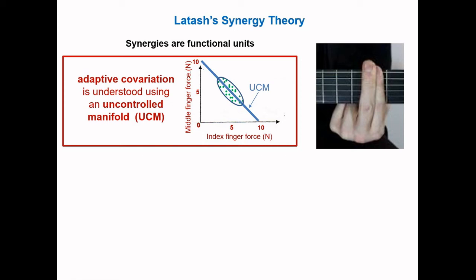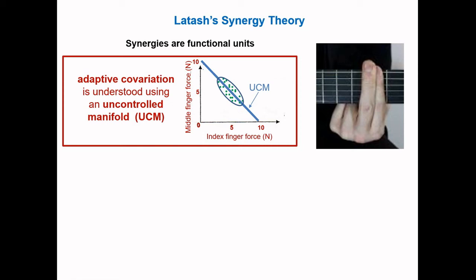It's easy to appreciate why we would expect functional behavior to be organized like this. If we are performing the task of holding the chord on the guitar for a long time, then one of our fingers, the weaker one, might get fatigued. And when it does so, it would start generating less force. In this case, we would want the other finger to take up the slack. In a different scenario, if we change the posture of the arm, it may become easier to produce force with the index finger.